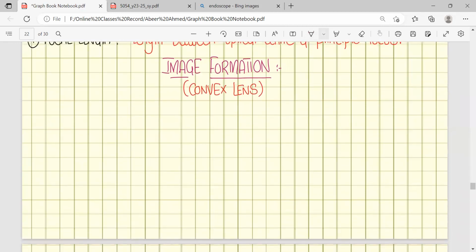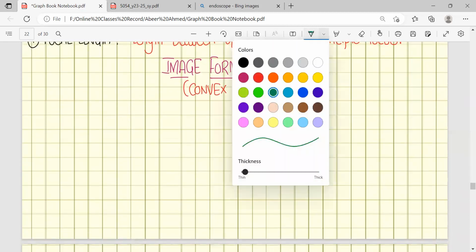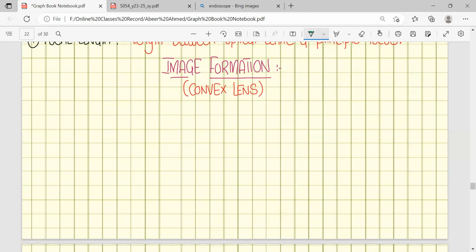Okay, our first condition is, let's suppose the object is placed at 2f, right?